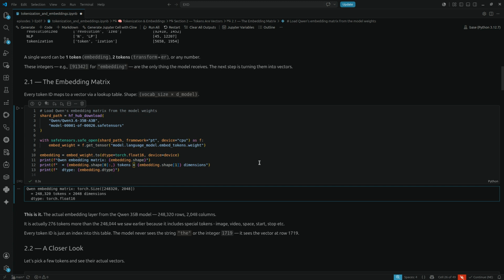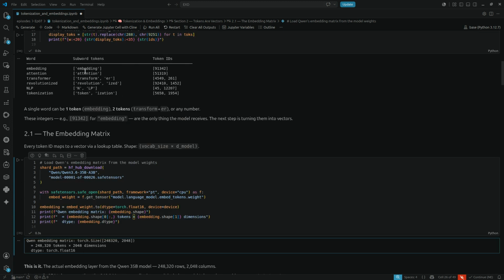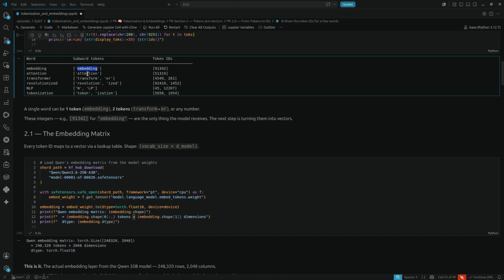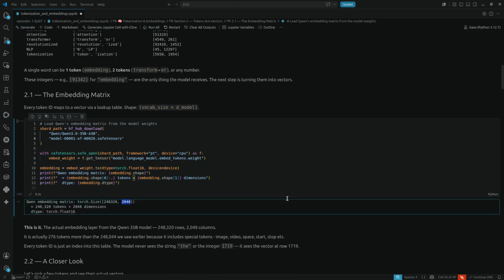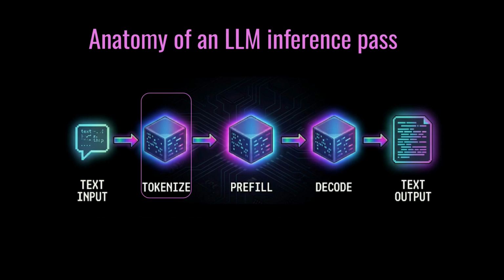Each token here, like embedding, the whole token for embedding or attention, or transform and er, which will be 2 points. Each of these is a point in this 2048 dimensional space. This is the number of points in that space. This is the dimension of that space. Okay? And this is kind of what it looks like.